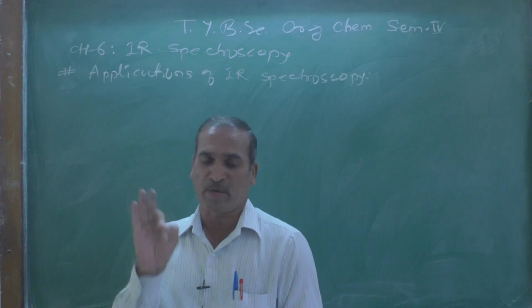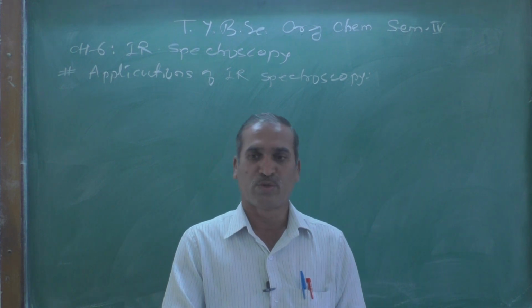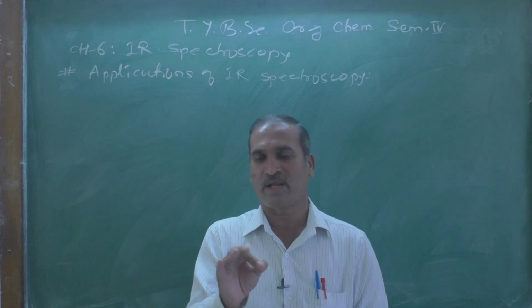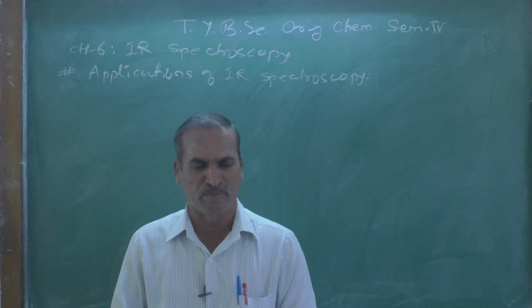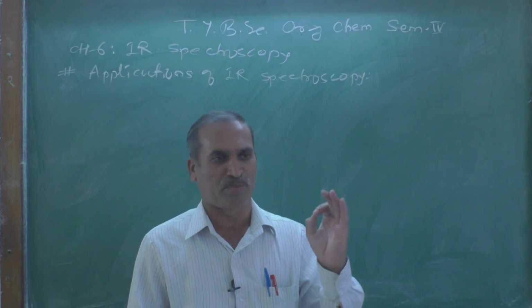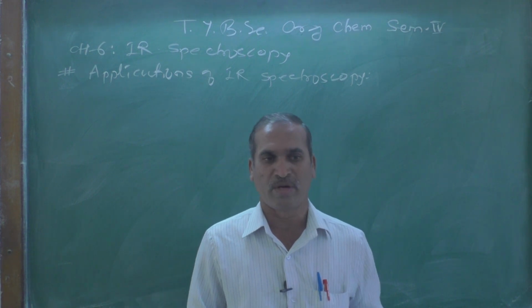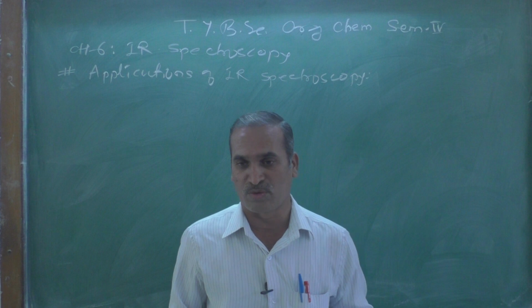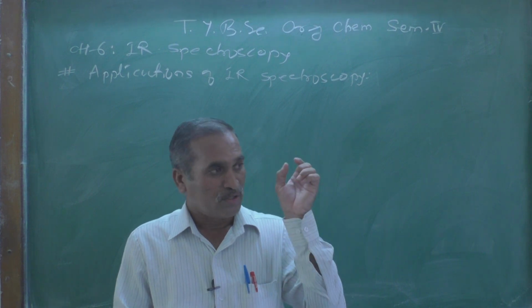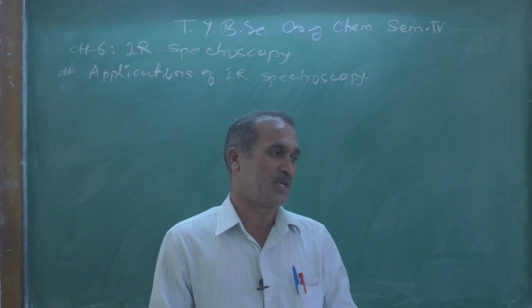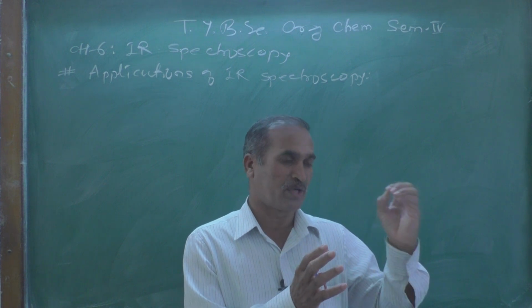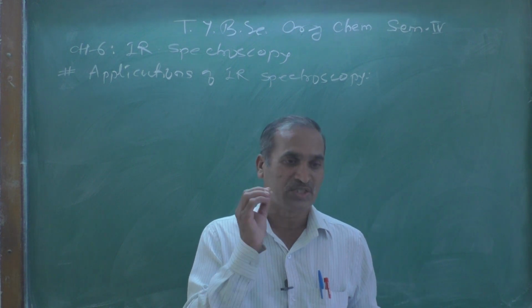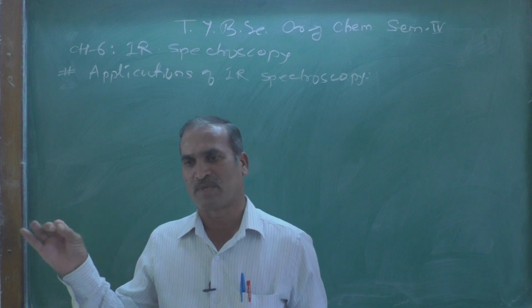And IR spectroscopy, you just remember, corresponds to functional groups. There are different functional groups present in organic compounds, and each functional group has its IR stretching frequency at a particular value.